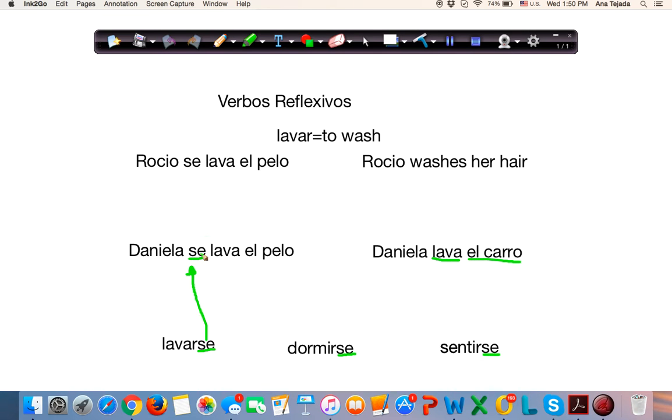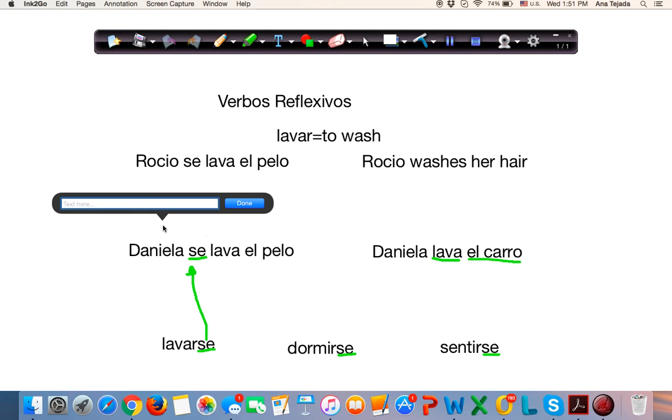Also note that this reflexive pronoun is going to be conjugated according to the subject of the sentence, who is performing this action. So in this case, it is Daniela. Se ends up being the same as in the infinitive form. However, it can change. Let's look.